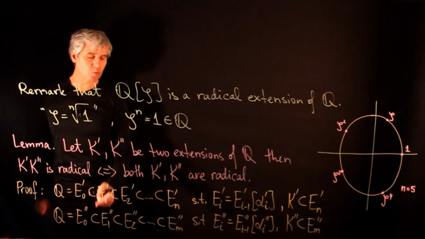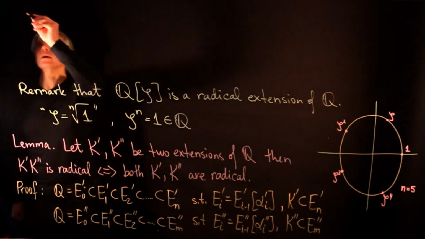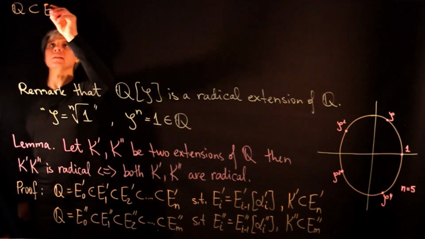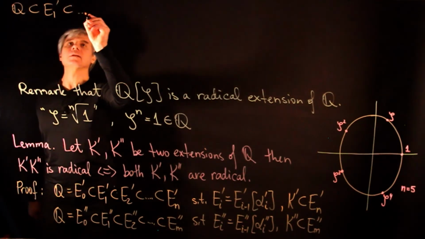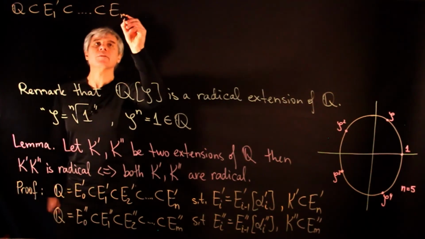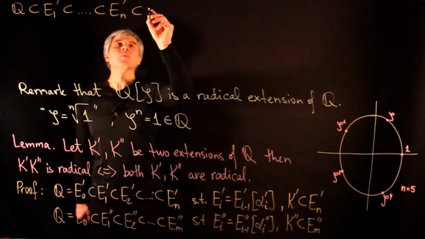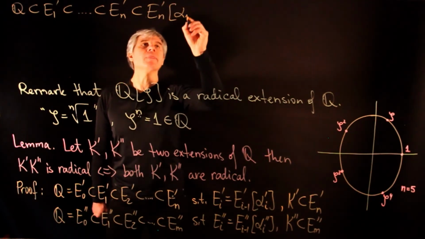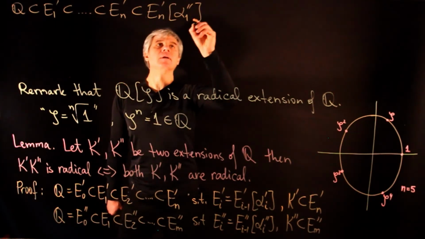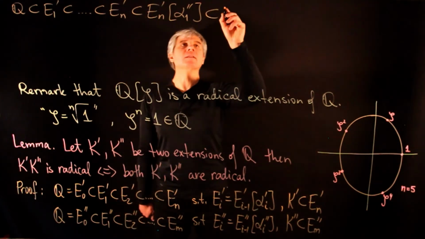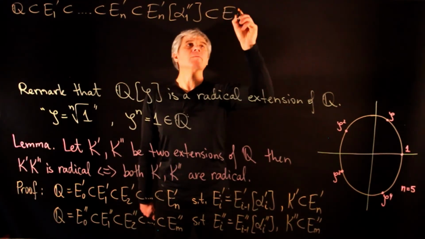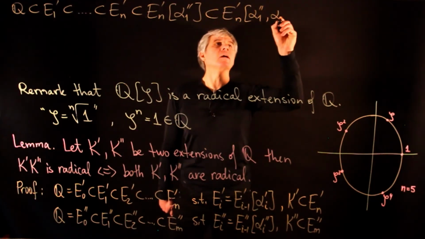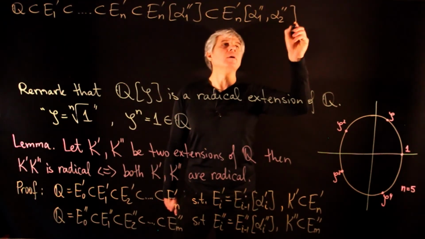Now we can put these two chains into one longer chain. So we will have that Q is contained in E1 prime, is contained in En prime, and then we take En prime adjoined alpha 1 double prime. And then this is contained in En prime adjoined alpha 1 double prime and alpha 2 double prime.